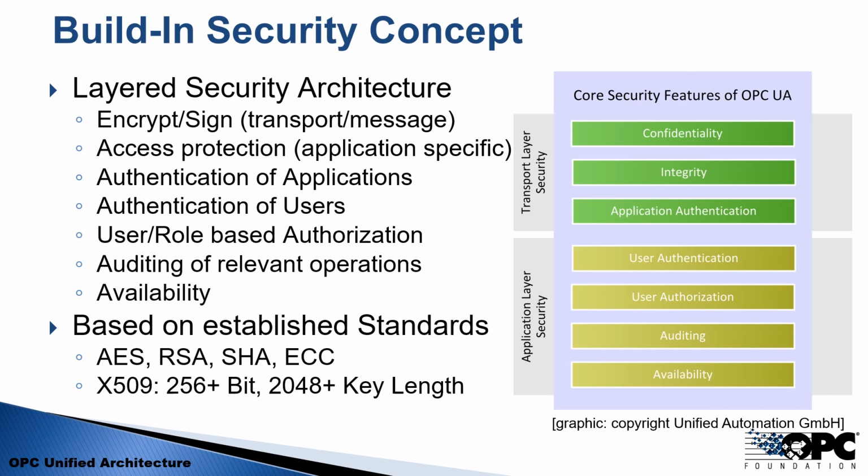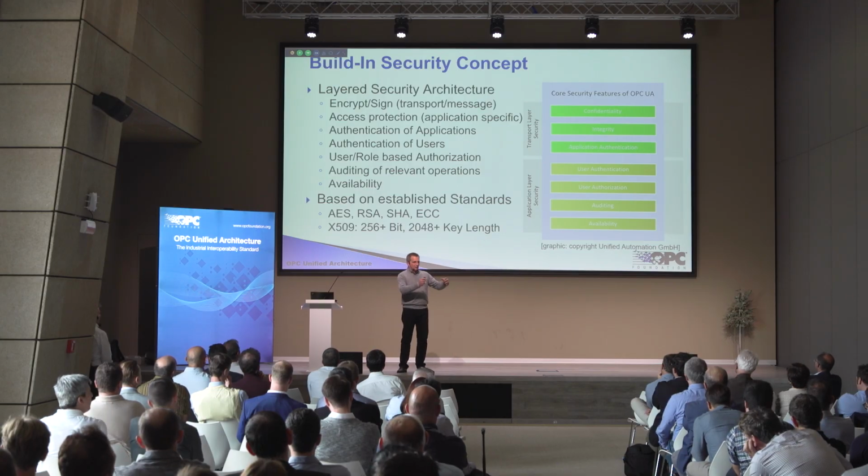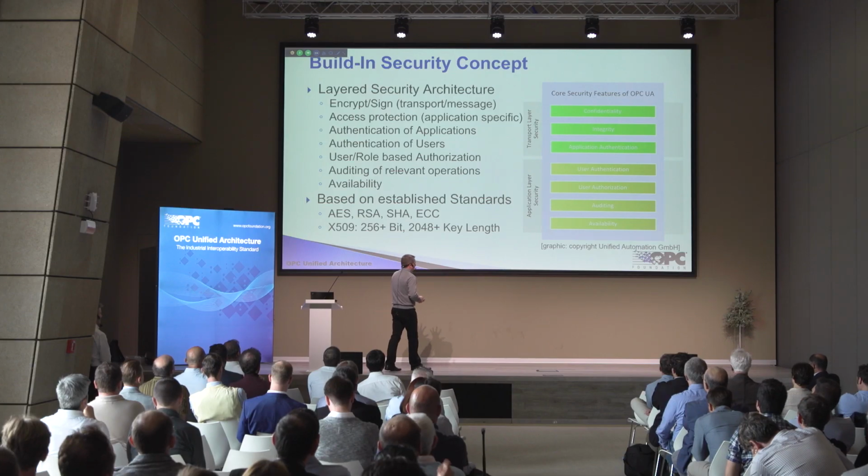We can authenticate applications, but we can also authenticate users with user password or whatever. And with the user authorization, we have the access on the individual data points in the address space, where we can say, this group of people is allowed to read, the operators are allowed to write, some guests are maybe not even allowed to see. So we have all this inside.